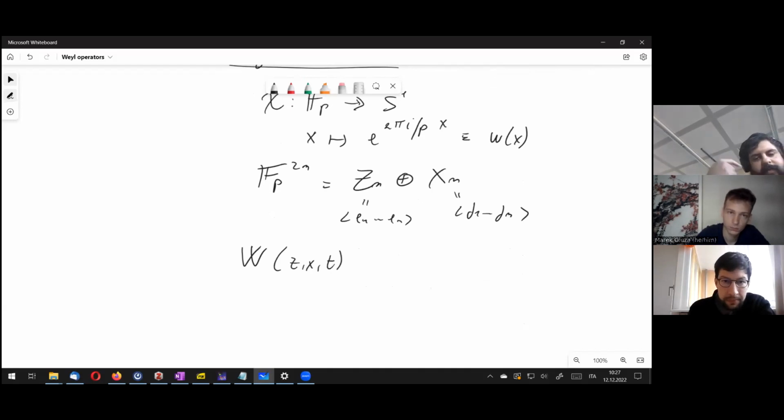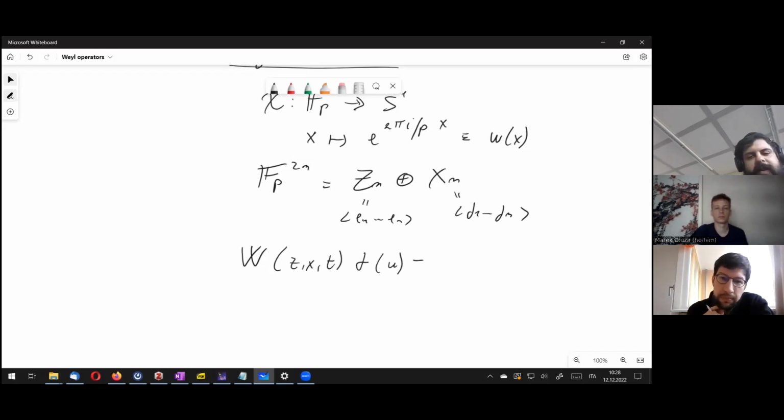These are operators from the Heisenberg group to unitary operators over n qudits, acting on f, where f is a function on F p to the n, like for example on the position space, to keep the analogy with the usual case.